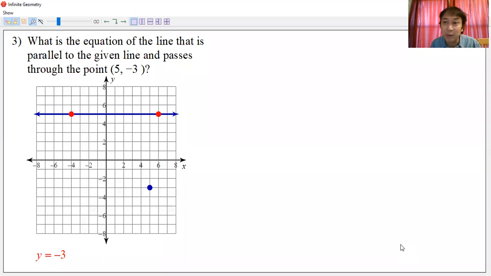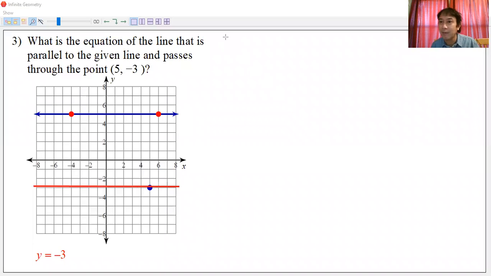Okay, so we're back to number 3, and as you can see, the given point is at (5, -3). The y value there is -3. So the value of the constant that we will use for y is -3. And the line will be, of course, like this.